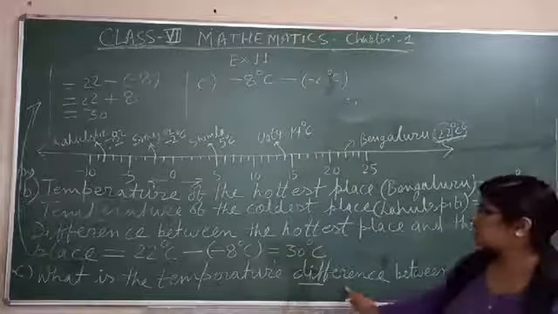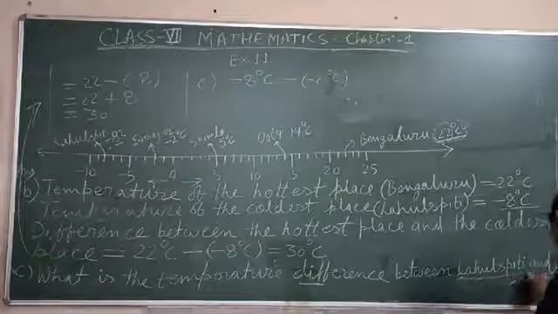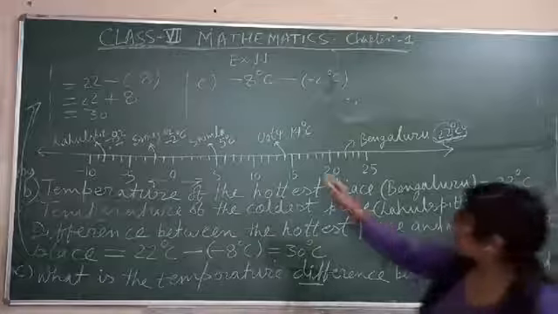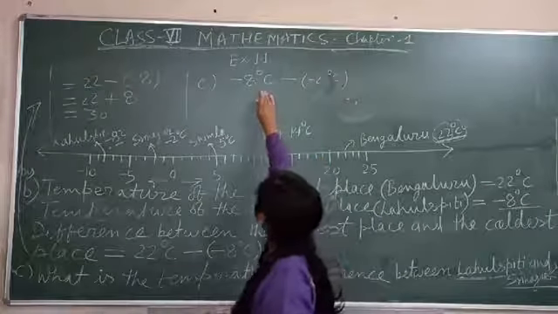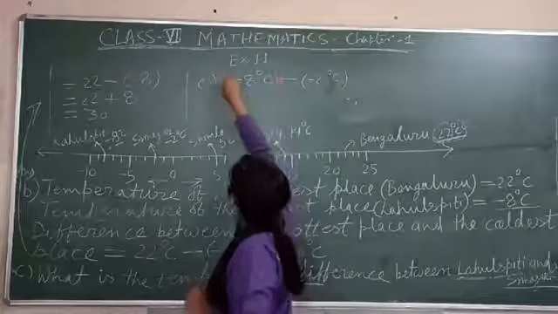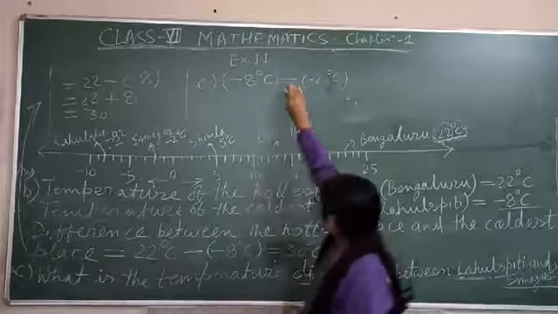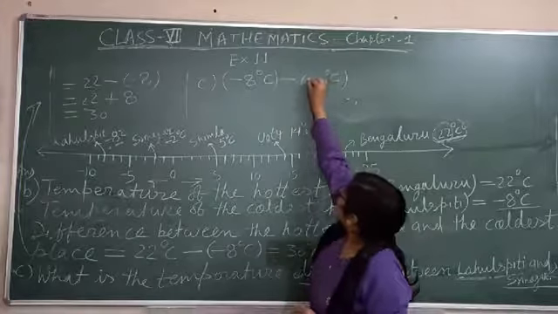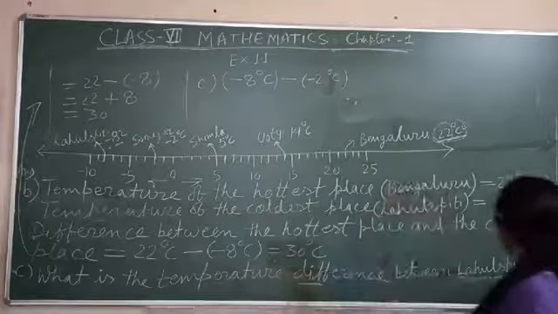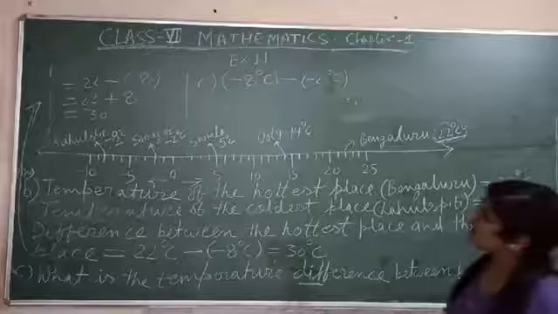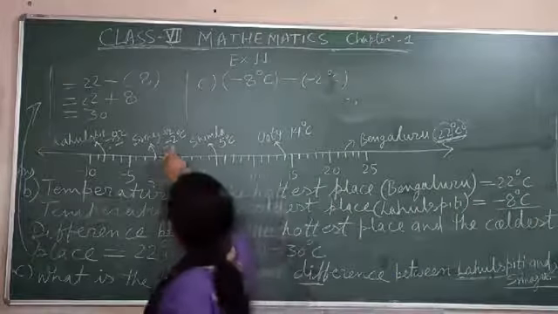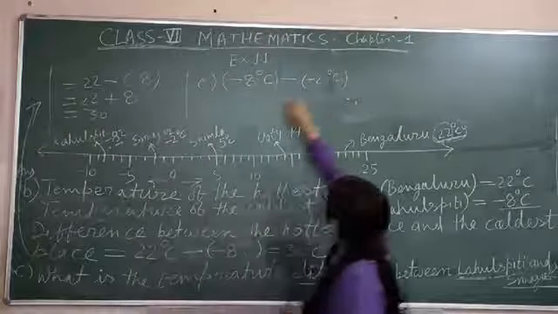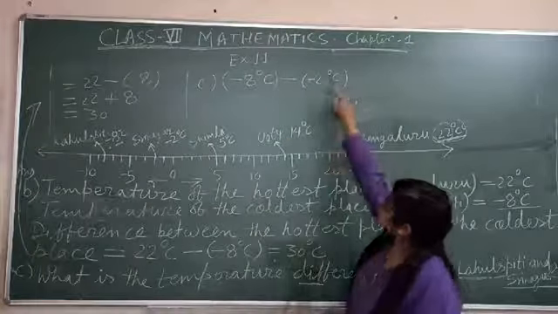Here this is the third question. What is the difference between Lahaul Spiti and Srinagar? Lahaul Spiti is written first, so first we write the temperature of Lahaul Spiti, that is -8 degrees Celsius. And difference is asked, so minus sign. Difference का मतलब अंतर, तो माइनस लगाएंगे. And the temperature of Srinagar, you can check your chart, is -2 degrees Celsius.